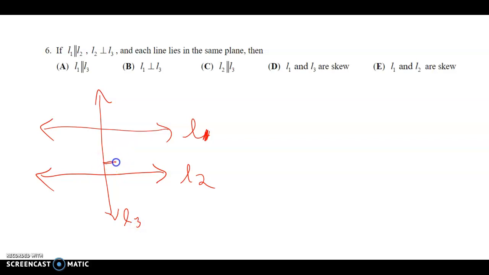If this is perpendicular here, we know because of parallel lines that we have perpendicular lines here. So L1 is perpendicular to L3. I'm going to look for that one. Not going to spend a lot of time looking at the other choices because I know this is true and only one of these can be true as a consequence of what's given.